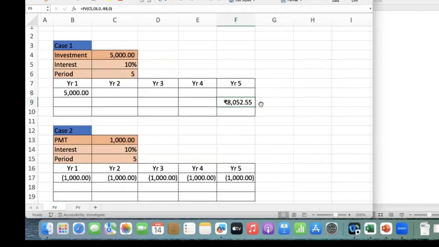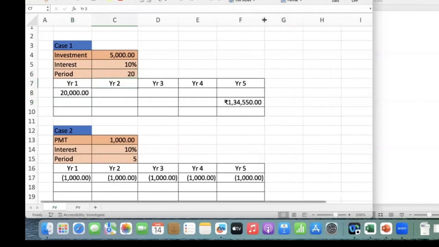Also, in case you are doing retirement planning, this has a huge importance. Suppose your monthly expense today is 20,000. And you want to understand when you retire, that might be after 20 years, what this amount is going to be. It comes to 1,34,550.